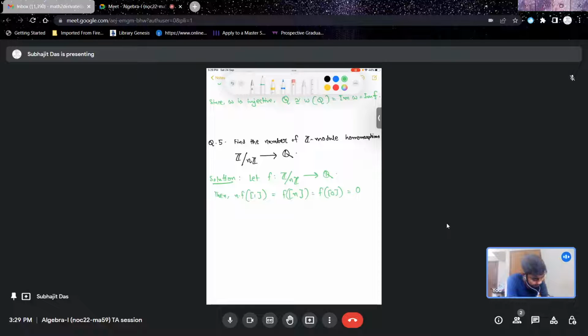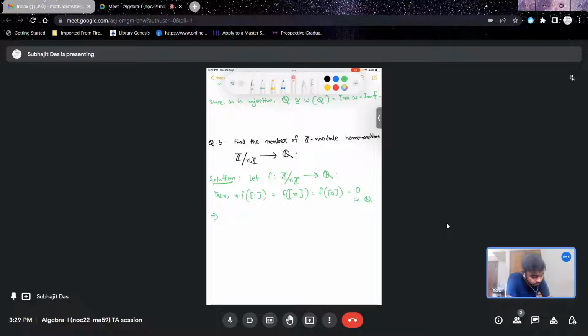And this entire thing is happening in the rationals Q. So n times F of this is 0 in Q, and Z is a subring of Q, as we know. We can consider now the ring structure on Q. So F of box 1 is in Q, n is also in Q, and their product is 0.